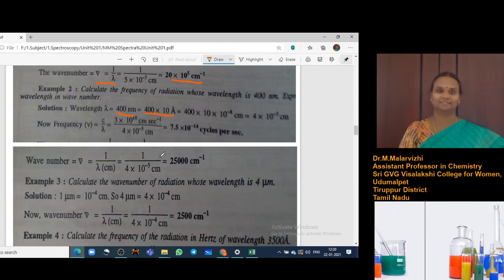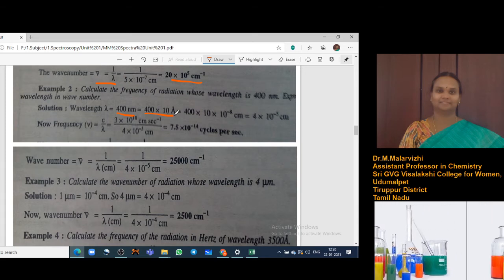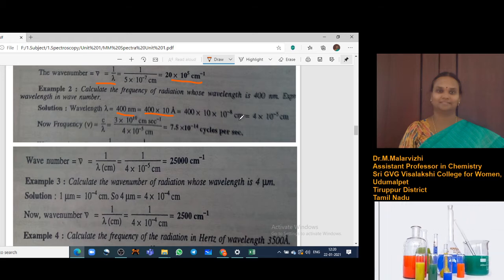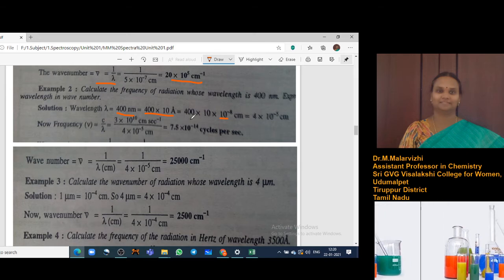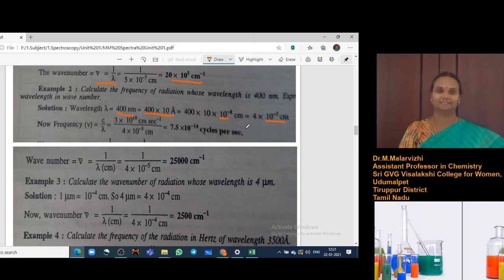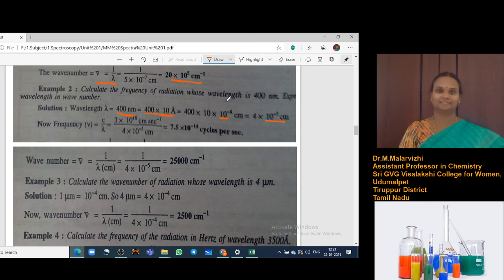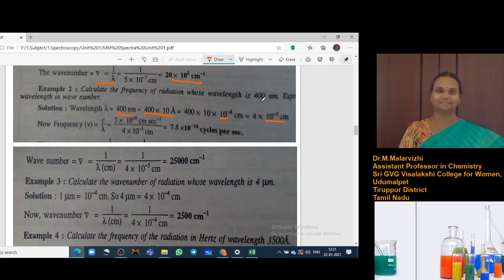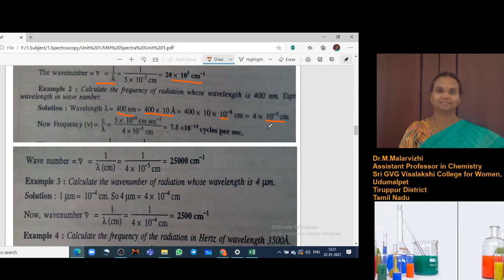So we converted nanometer into Angstrom units first, 4000 Angstrom units. To change that into centimeter, multiply by 10 power minus 8. So by the calculation, 4 into 10 power minus 5 centimeter. The unit of wavelength is changed to centimeter: 400 nanometer is equal to 4 into 10 power minus 5 centimeter.